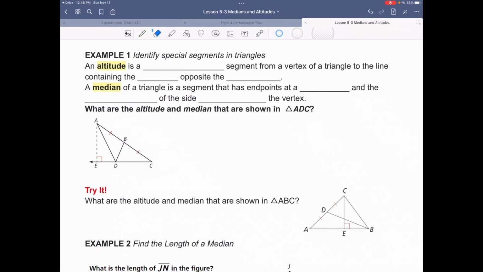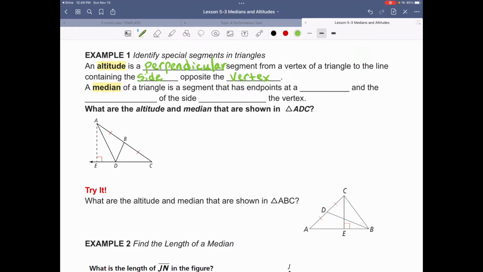Example 1. Identify special segments in triangles. An altitude is a perpendicular segment from a vertex of a triangle to the line containing the side opposite the vertex.